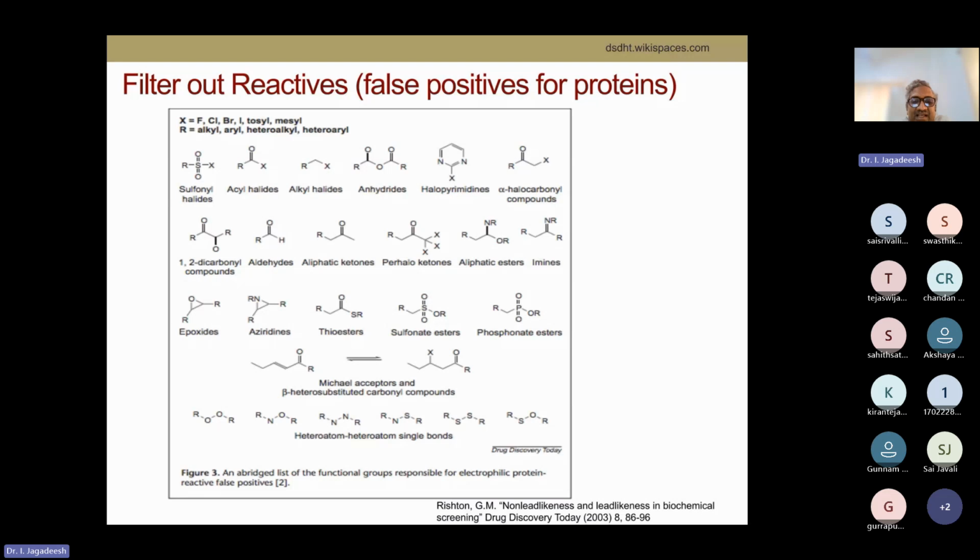Heteroatoms and hetero single bonds: when you have repeated atoms adjacent to each other, like N-N, S-S, O-O, these are groups bridged between the main moieties, and they will be a little problematic, giving electrophilic, protein-reactive false positives. So you have to filter them out.